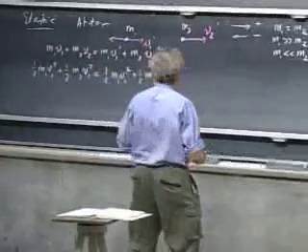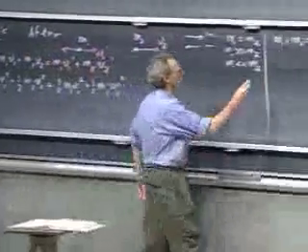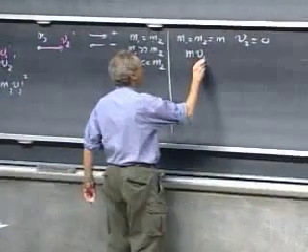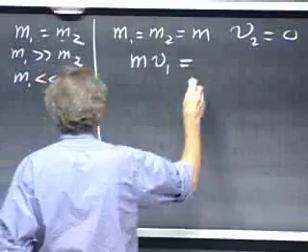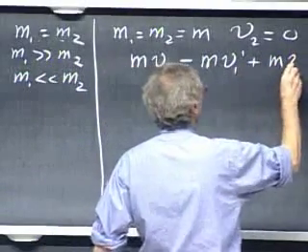One-dimensional collision, one hits that object. Very special case. So the conservation of momentum now becomes much simpler. m times v1, there is no v2, equals m v1 prime plus m v2 prime.